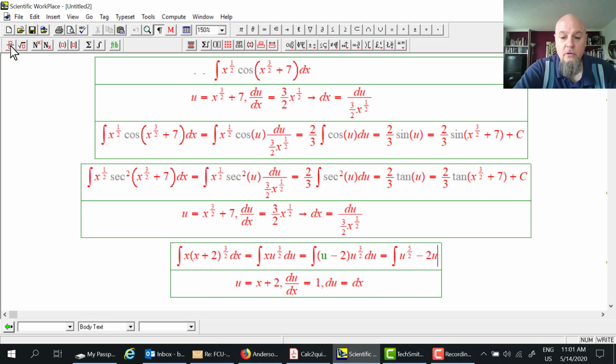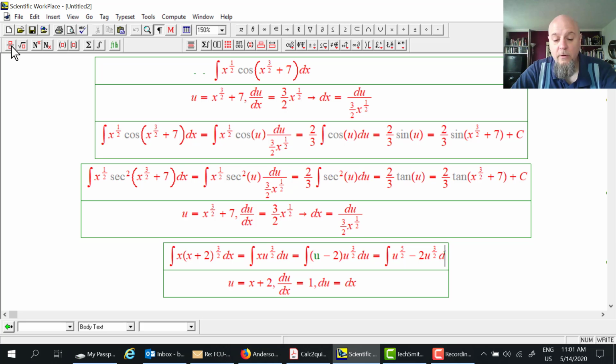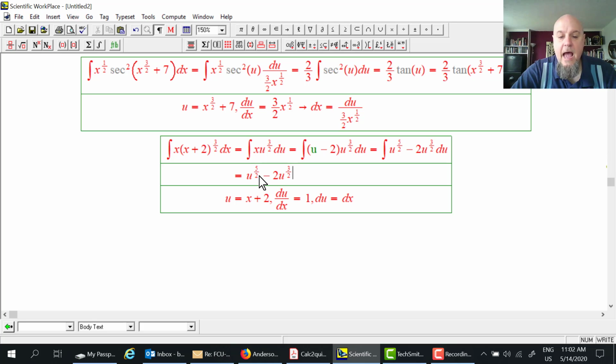Minus 2 u to the power of 3/2. So it's just add one to the exponent, divide by what's up top. So add one to the exponent, this becomes a 7/2. I want to divide by 7/2.